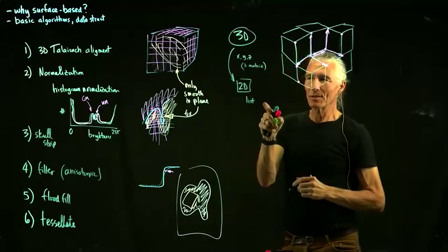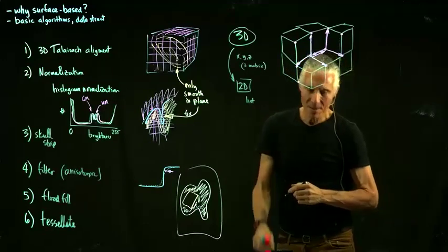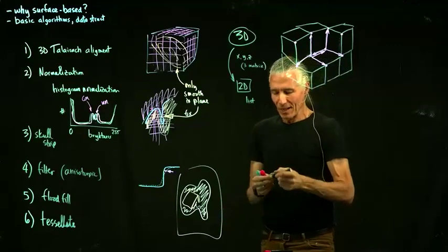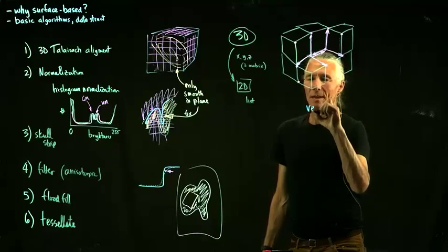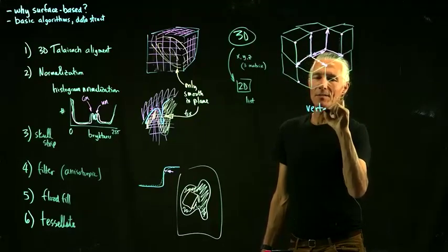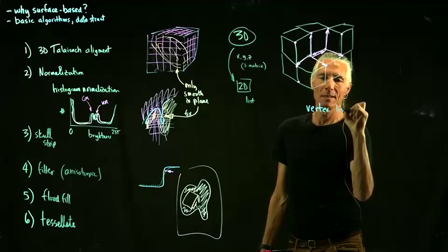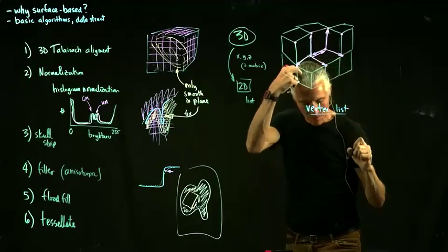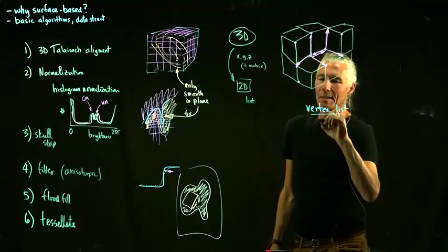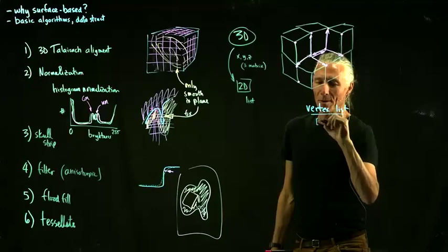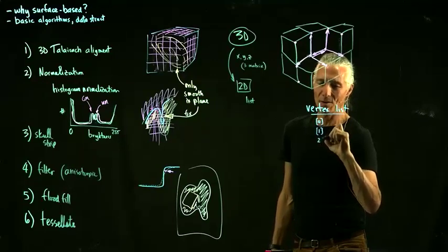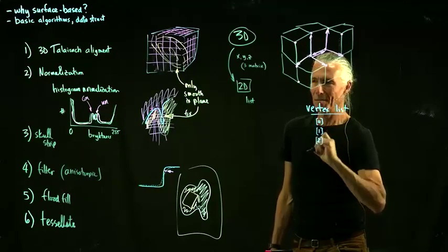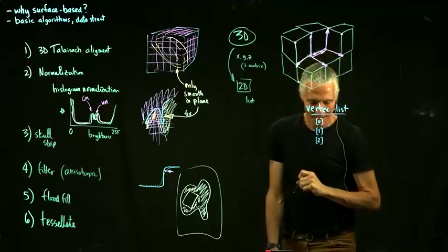And the way this data structure looks, it's the minimal amount of information you need to store in order to make a surface. And the first thing you need is a vertex list. So what is a vertex list? Why bother numbering it? So here's the first one, just leave that out. Here's the second one, just leave that out. We save space by not writing down the vertex number.